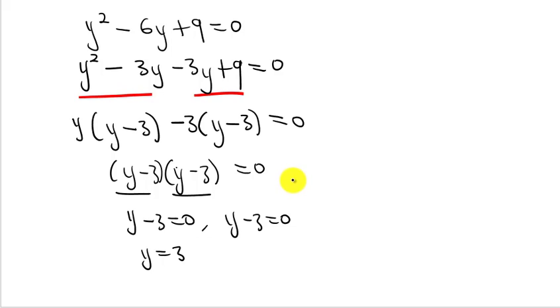If y is equal to 3, then what is its corresponding x value? We need to find that. So we can substitute y being equal to 3 into equation 3, and that one will give us the corresponding value of x.